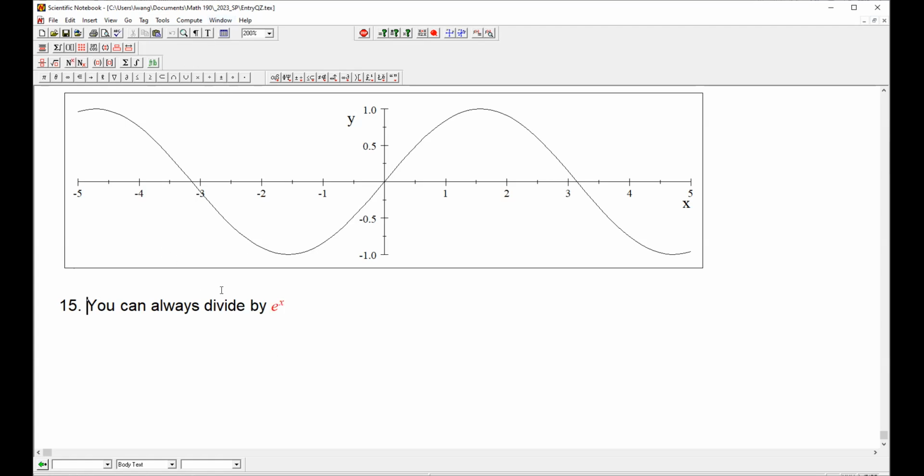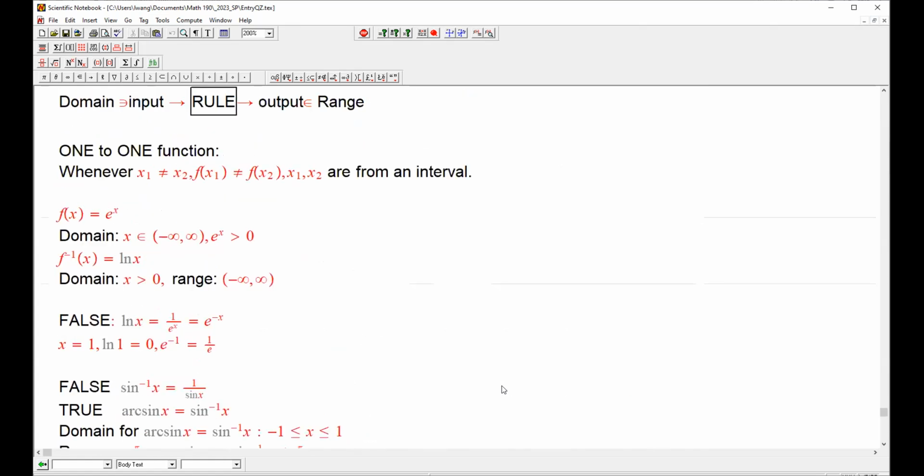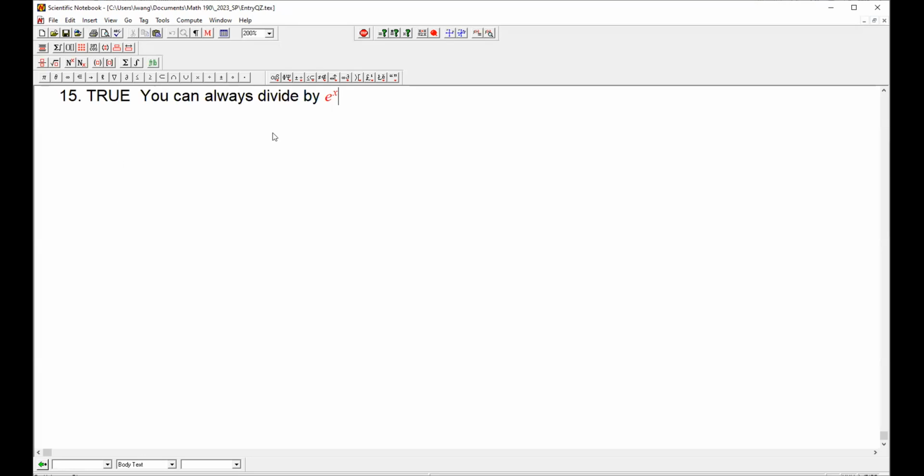This is true. Why? I just mentioned when we talked about the domain of e to the power x, when I was teaching pre-calculus and we reviewed these topics, domain and range. In one sentence, e to the power x is defined for any real number.